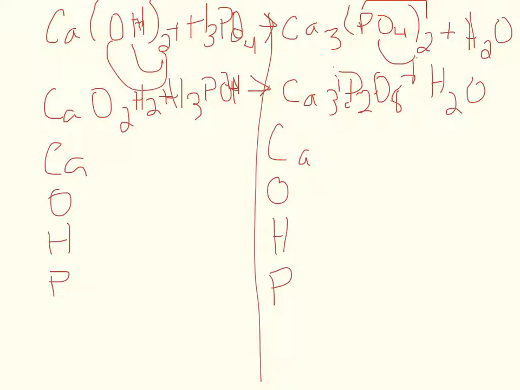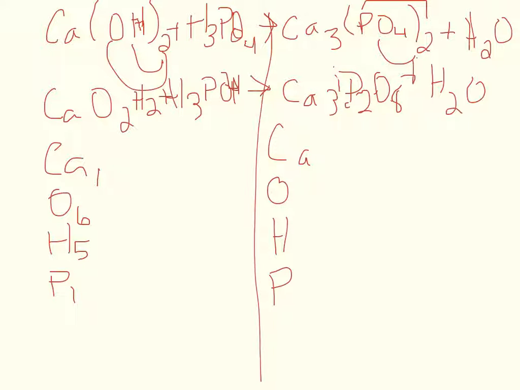Now we need to find the number of each atom, or element, on each side. So there's 1 calcium on the left side, there is 6 oxygen, 5 hydrogen, and 1 phosphorus.